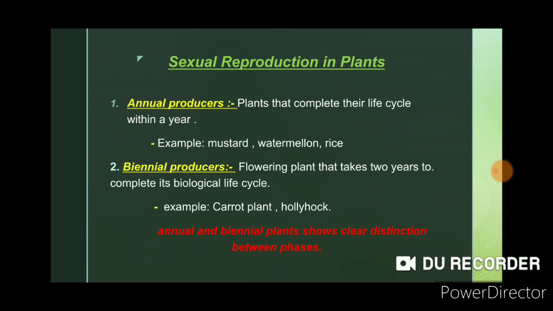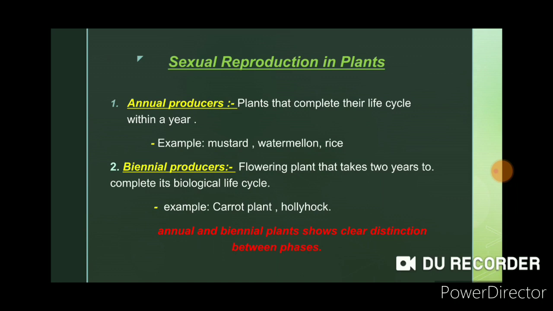They will flower once in 2 years, and after flowering, after producing fruit, they'll die. Examples are the carrot plant and hollyhock. I repeat again, biennial producers are the flowering plants that take 2 years to complete their life cycle. That is, they will flower once in 2 years.